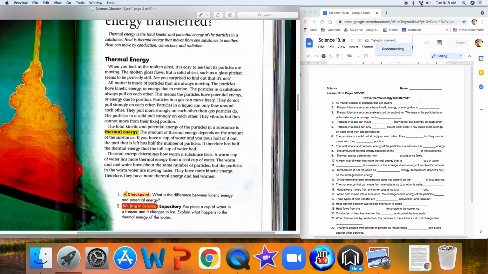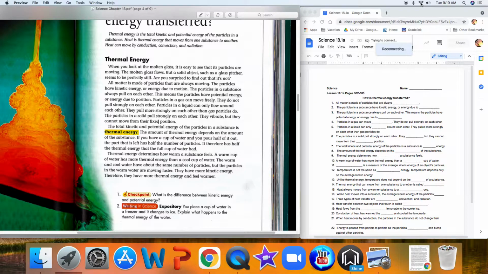Potential. The total kinetic and potential energy of the particles in a substance is thermal energy.